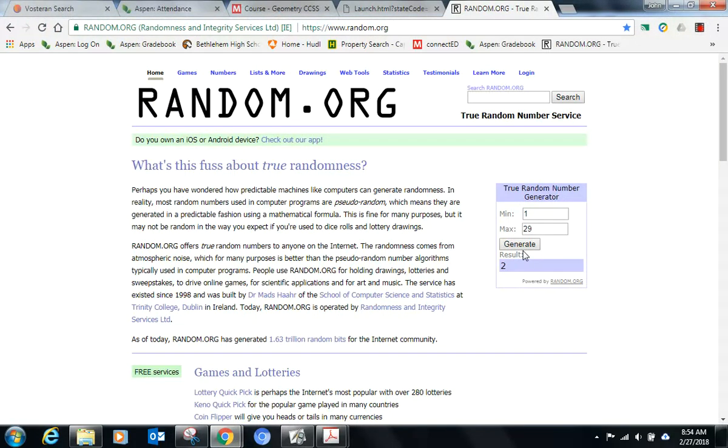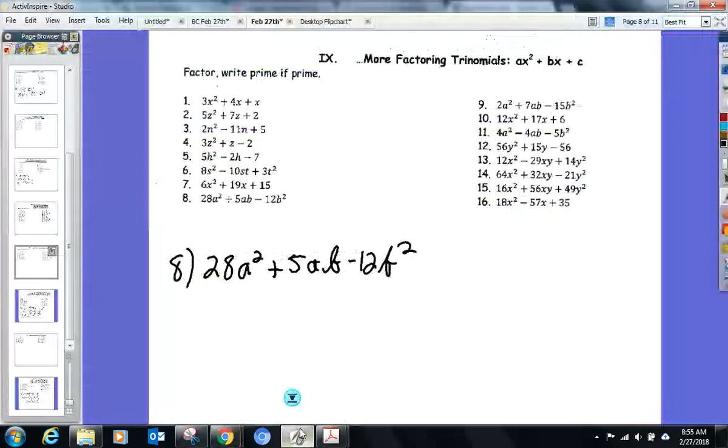Ready to go? You know my first question. Always ask yourself, GCF, anything up there? Nope. No GCF, right, guys? How many terms? And what's the A value? More than one, so we're going to have to group this sucker.